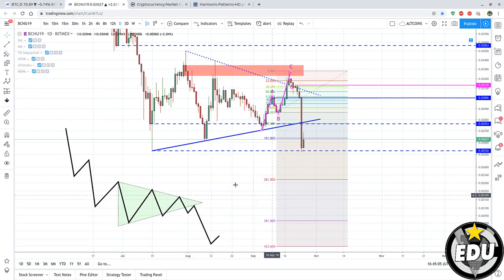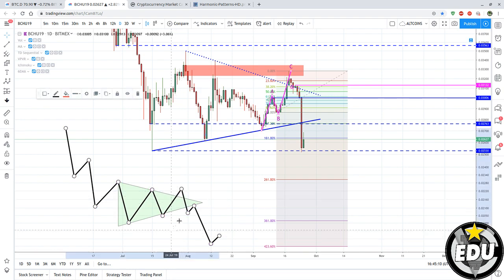What I will always see is a fake out on the top to trap all the longs, then it comes back in and goes down, people short here, then price goes back up to retest and then it goes down. So this is what I see most of the time.